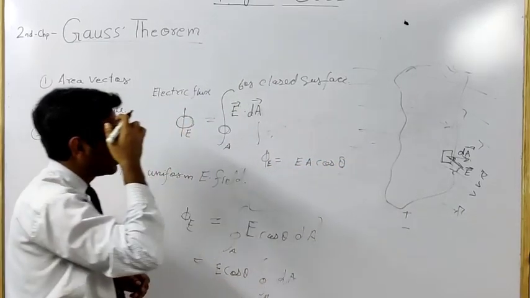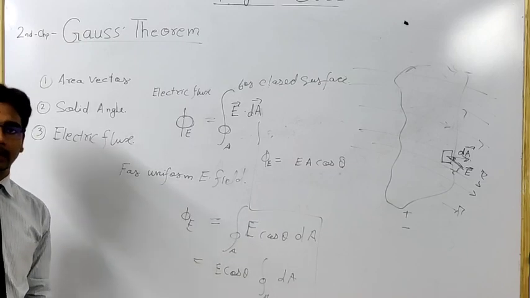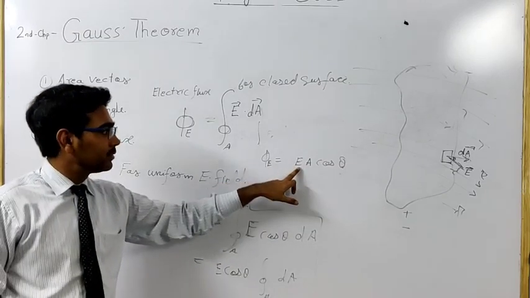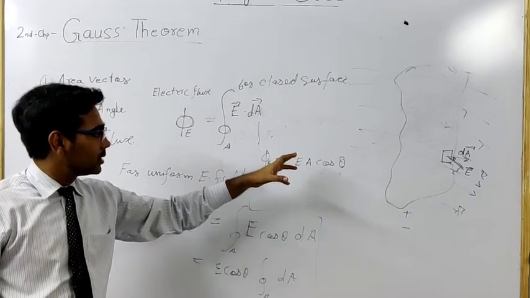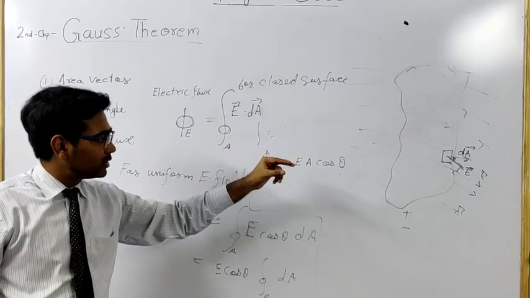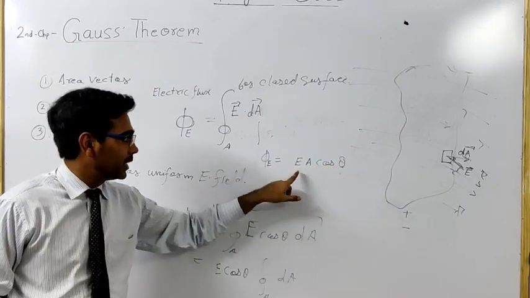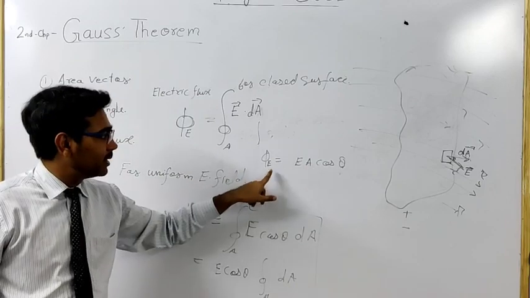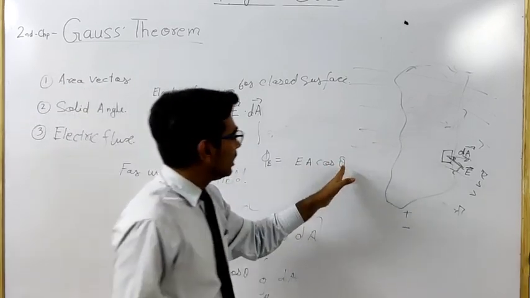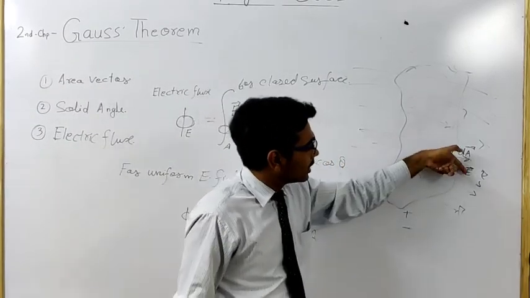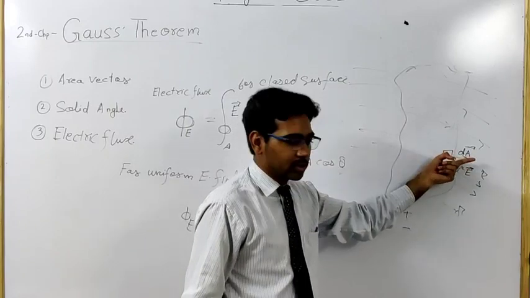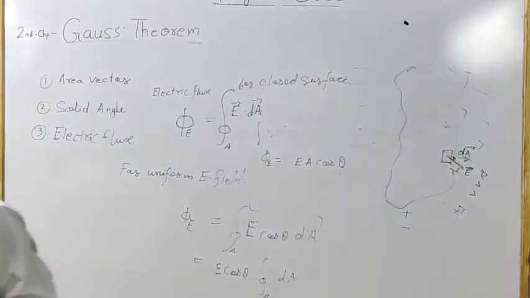This is the total electric flux passing through the area. The stronger the field, the closer the lines of force, and the more lines will pass through the area. The greater the area, the greater the flux. Let me explain this part also.